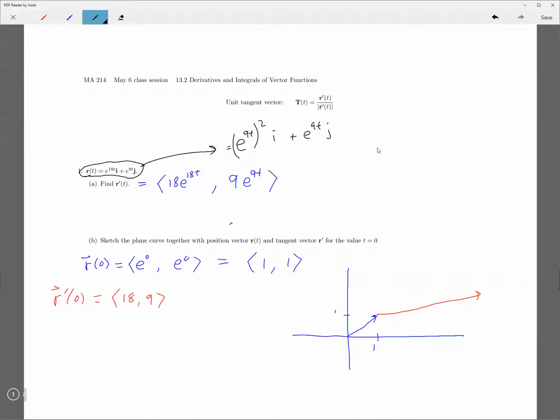So if x is equal to e to the 9t squared and y is equal to e to the 9t, then this can plug into here, and it gives you x equals y squared. So it's a parabola, and it's going to go something like this. It's going to go like that.